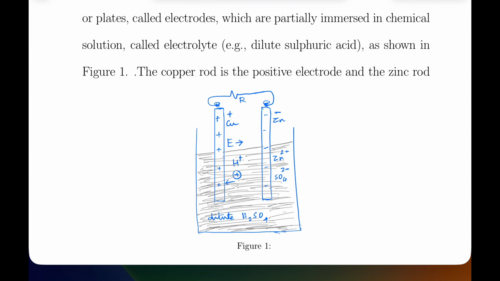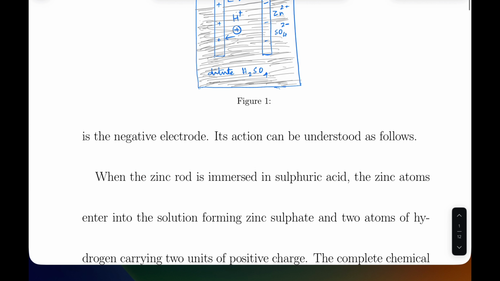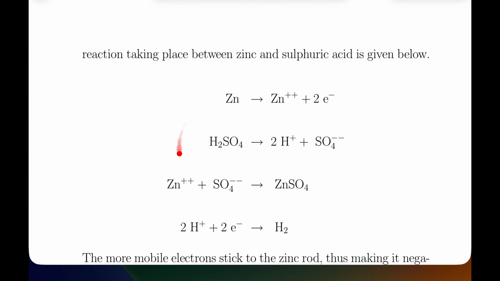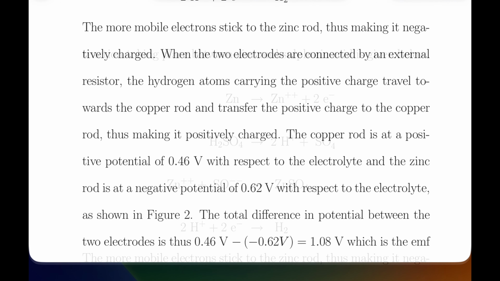The hydrogen ions transfer their charge to the copper rod, making it positively charged. The complete chemical reaction between zinc and sulfuric acid is as follows. We show here the complete chemical reaction between zinc and the sulfuric acid. The more mobile electrons stick to the zinc rod, thus making it negatively charged.